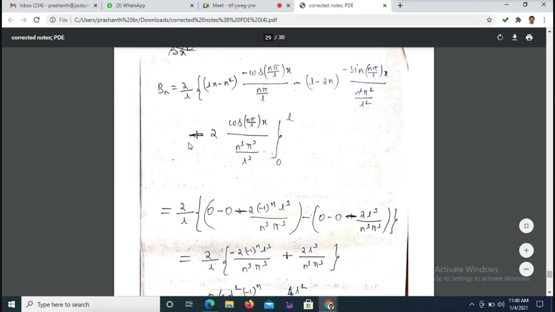It is minus 2, right? Cos n pi you'll get. L cube goes to the numerator. So 2 times cos n pi you'll get, because LL gets cancelled. Cos n pi is what? Minus 1 power n. Minus 1 power n into L cube divided by n cube pi cube.